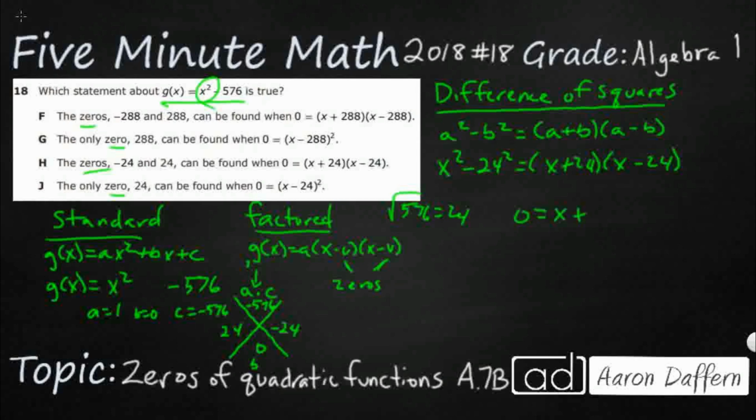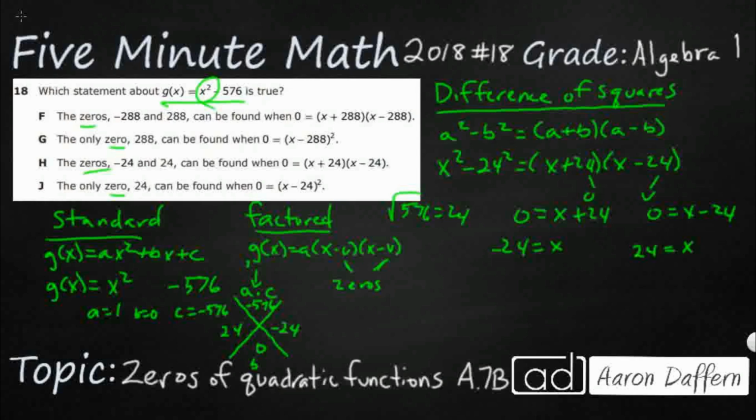So x plus 24, well, that's easy. Then one of my zeros is going to be when x is negative 24. And then x minus 24, if I solve for x, the other one is when x is a positive 24, because these are my two zeros, that u and that v.